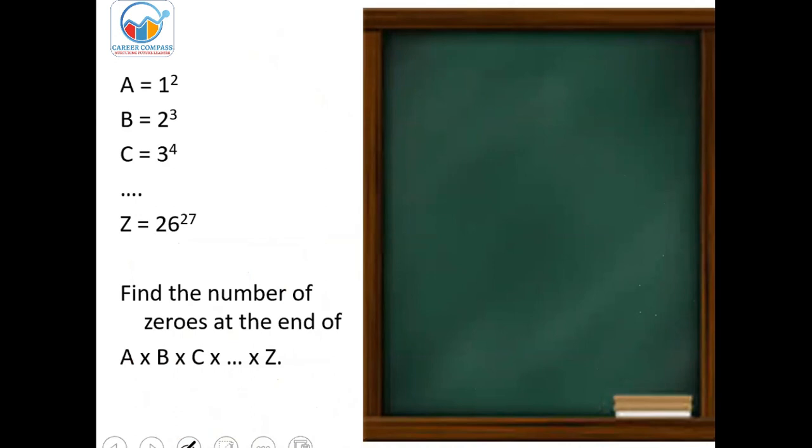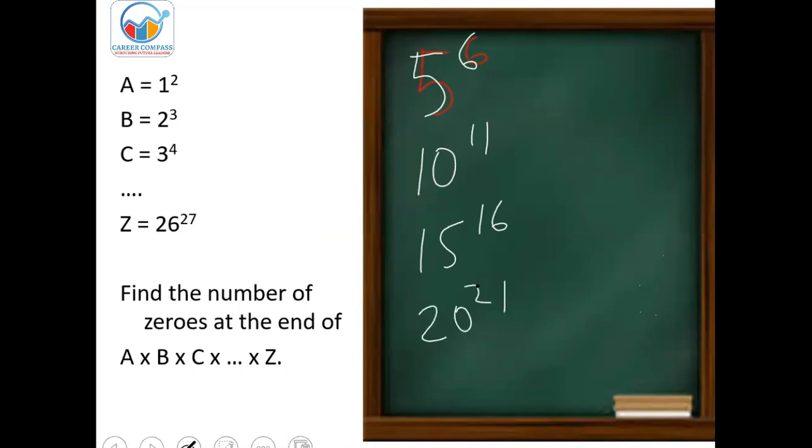By now you must have realized that the number of zeros is equivalent to finding the number of fives. So wherever you find a five, the only tricky situation, if you follow this pattern, is in the number 25 to the power 26.